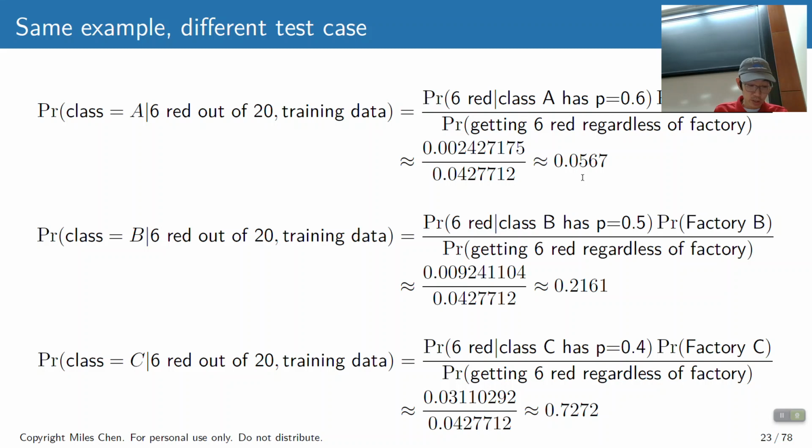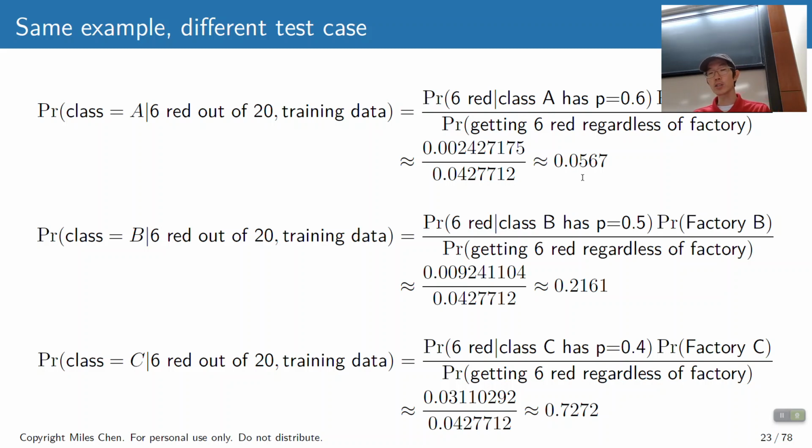So if your bag is only 30% red marbles, you got 20 marbles in there and only 6 of them are red, suddenly that makes factory C the most probable factory to produce this, because factory C has the lowest red proportion.